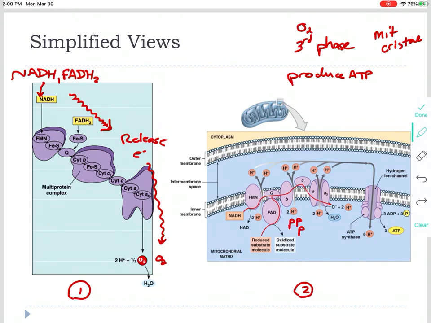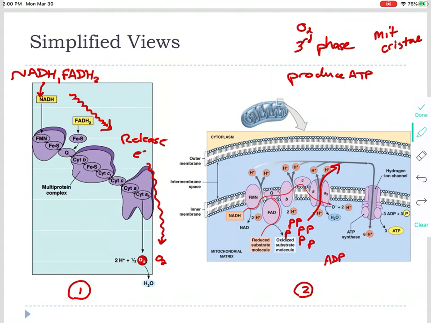We have a buildup of things on one side of the membrane. That develops a gradient. And we have a semi-permeable membrane. So the gradient, we move from high concentration to low concentration.